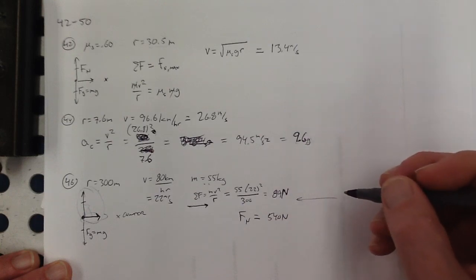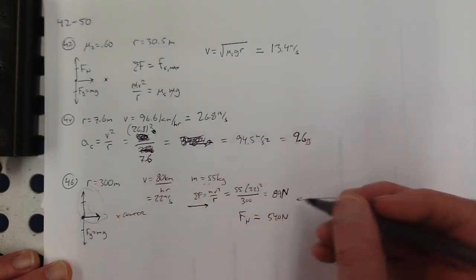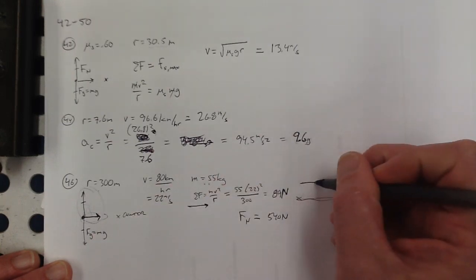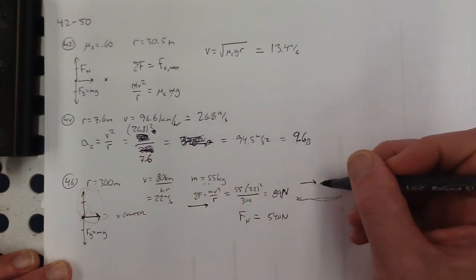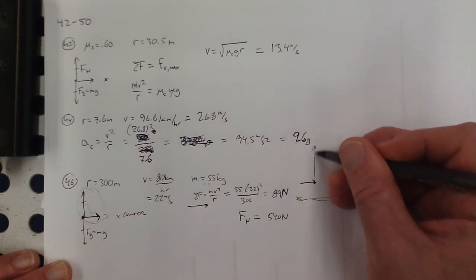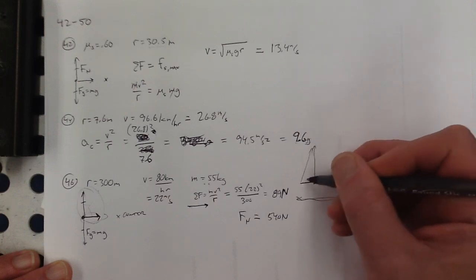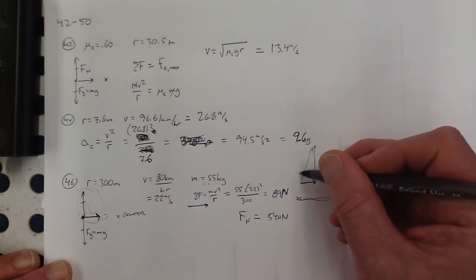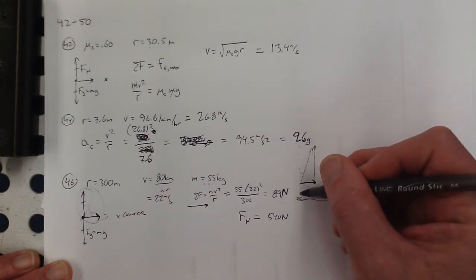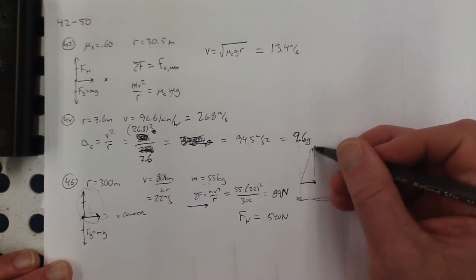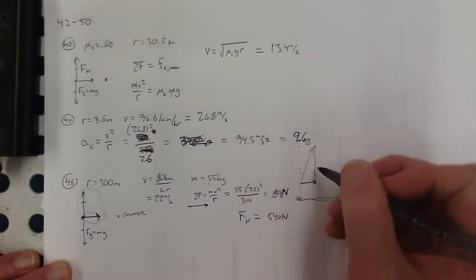So I've got a horizontal component. Why did I draw it that way? That was weird. Sticking with my scheme here, I've got these components, and I'm actually looking for this angle because they said, what's the angle from vertical? I'm going to Pythagorize these anyway.